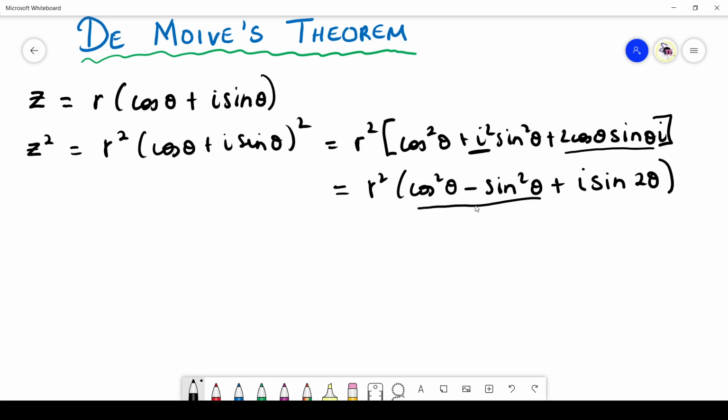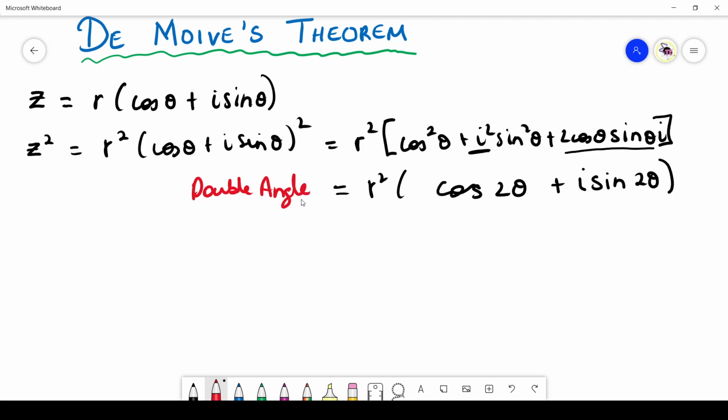Cos squared theta minus sine squared theta can actually be cos 2 theta. So let's switch that up right here. So you have cos 2 theta. By the use of double angle identities, I will highlight what I used. We have replaced this and this with the double angles, and we end up with something that looks like that in brackets.